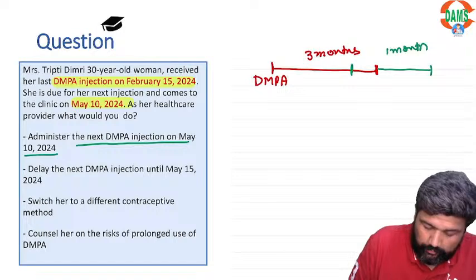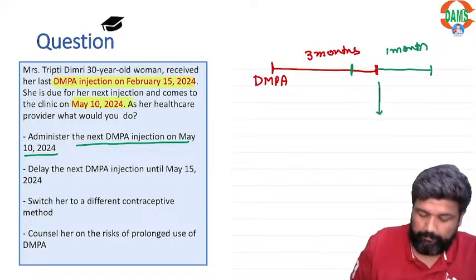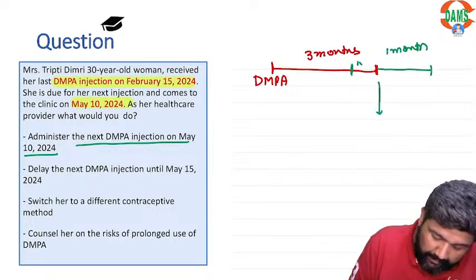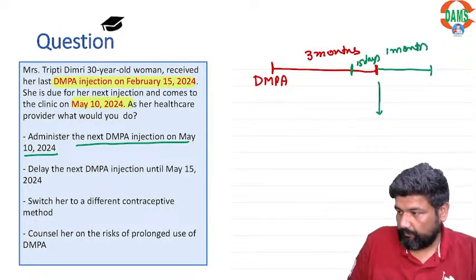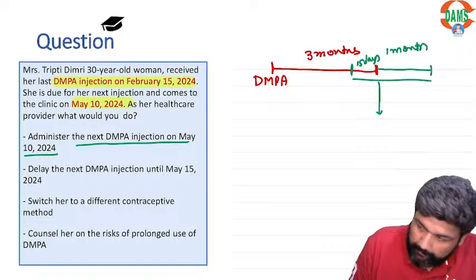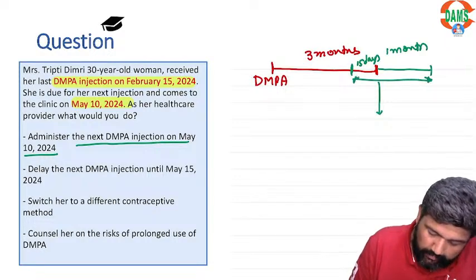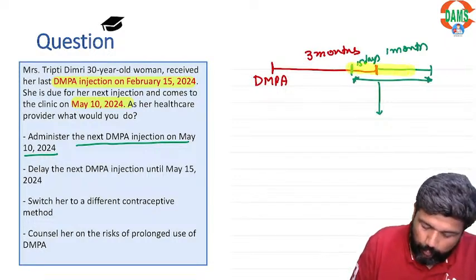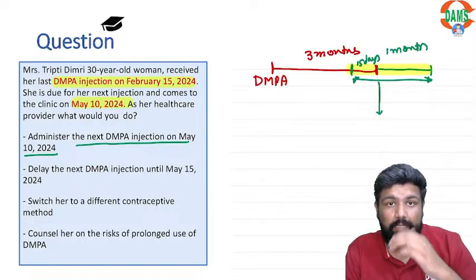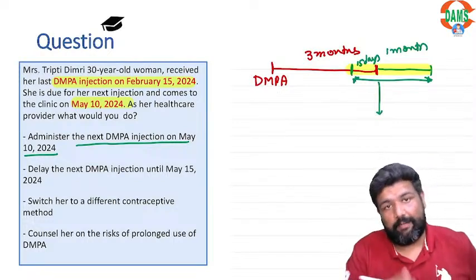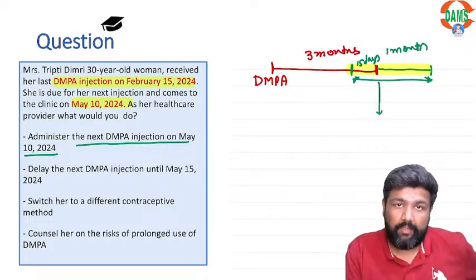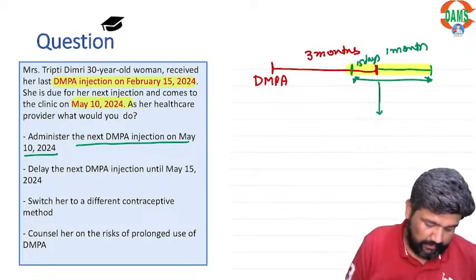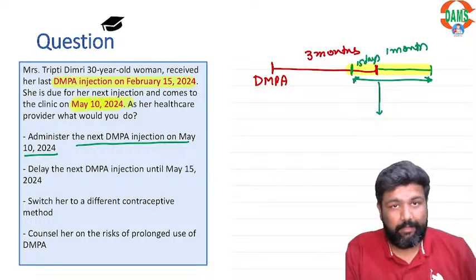Okay, so this is the due date. So 2 weeks before the scheduled date and up to 4 weeks after the scheduled date, this is the time where she can take her next dose, and she is just on time and we can give.